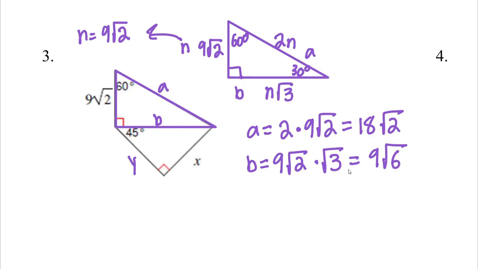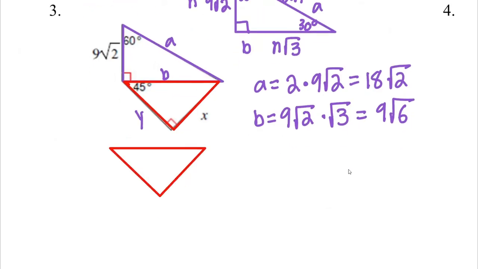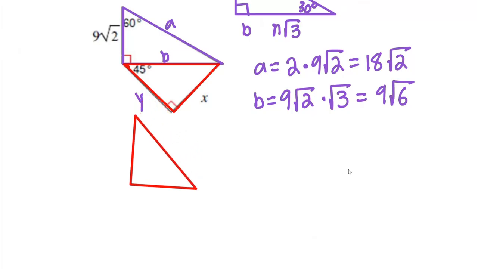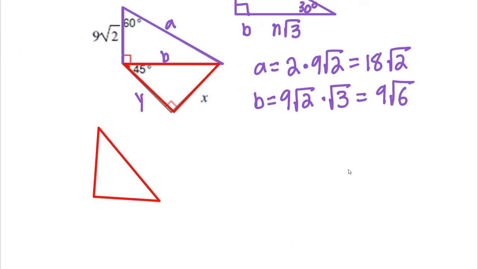Okay, so we've solved that triangle. Then we can move on to this one. I like to draw mine vertically because it makes it easier to visualize, but that is your preference.